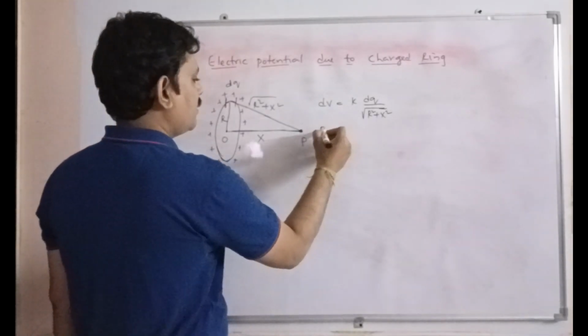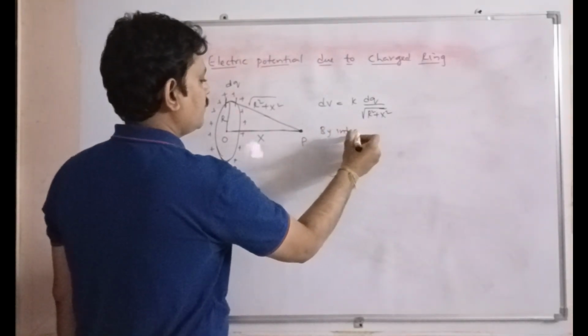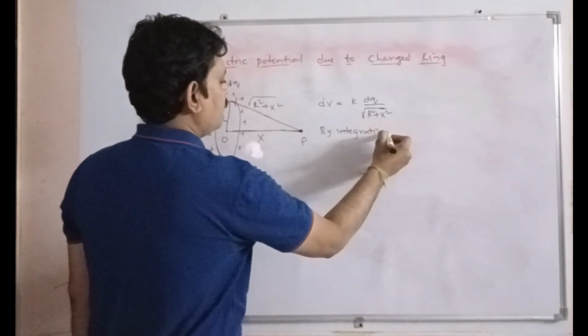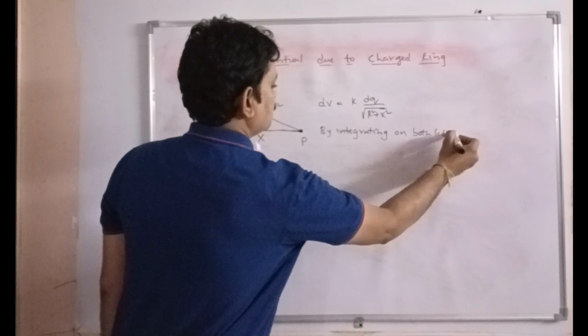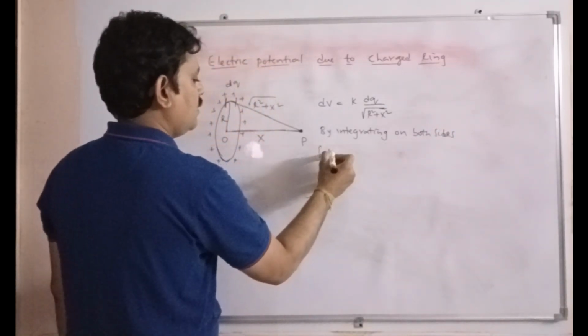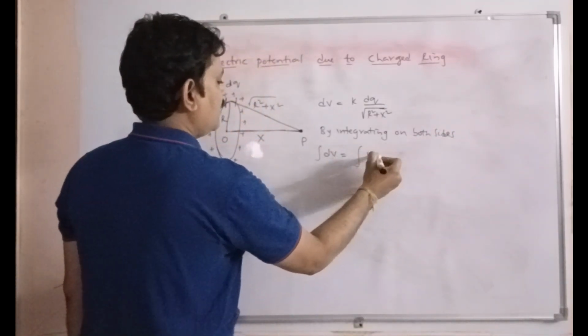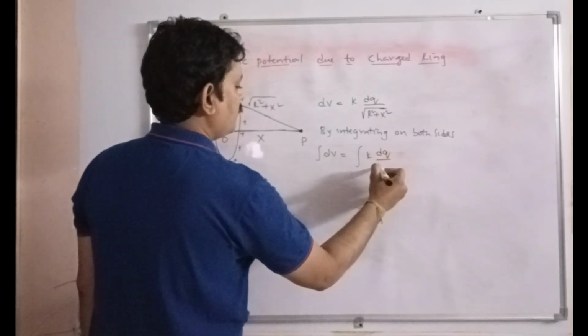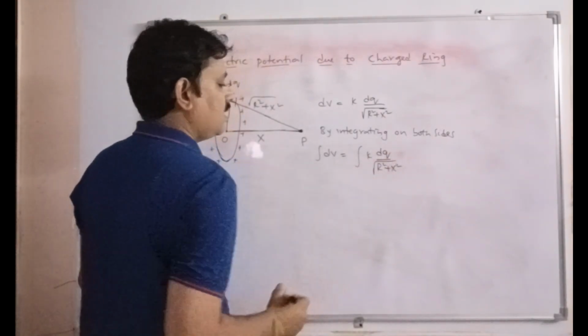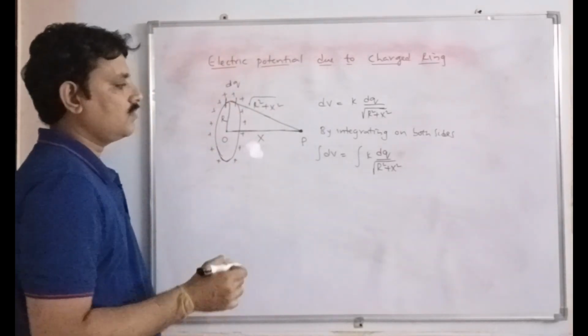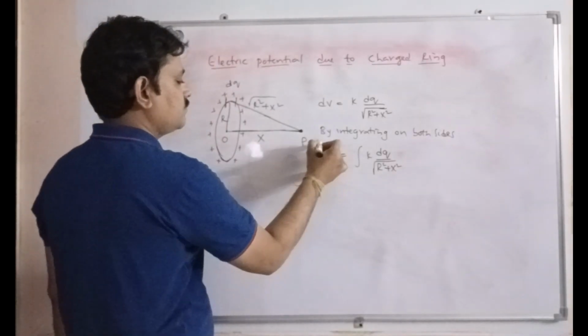So by integrating on both sides, integral of dV is equal to integral of k into dq by root of r² + x².